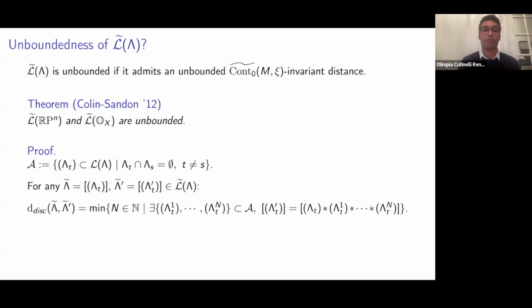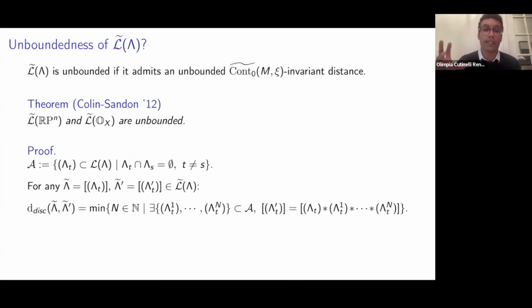And then the distance between two elements, lambda tilde and lambda prime tilde, is the minimum number of embedded Legendrian isotopies I need to go from lambda tilde to reach lambda prime. So the minimum number of Legendrian isotopies I need so that by concatenating lambda tilde with these Legendrian isotopies, I can reach lambda prime.